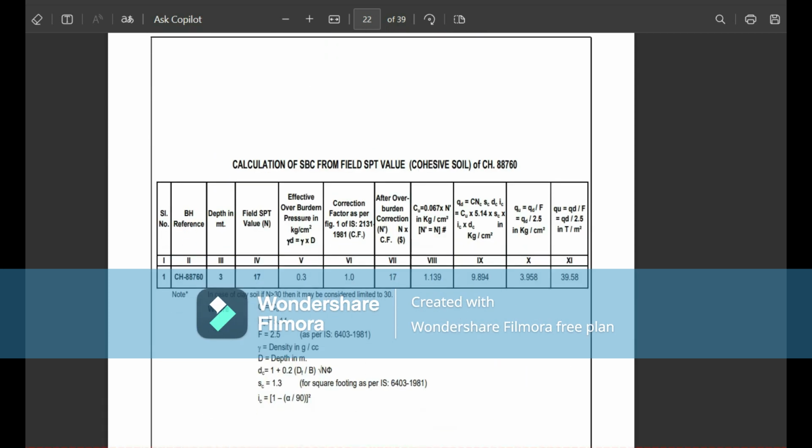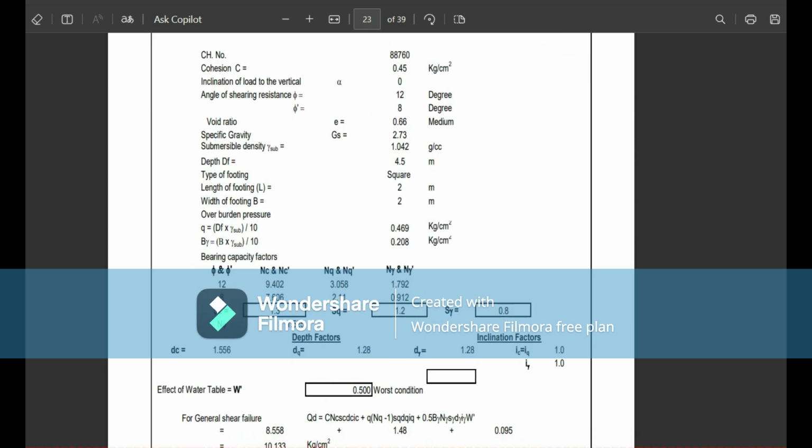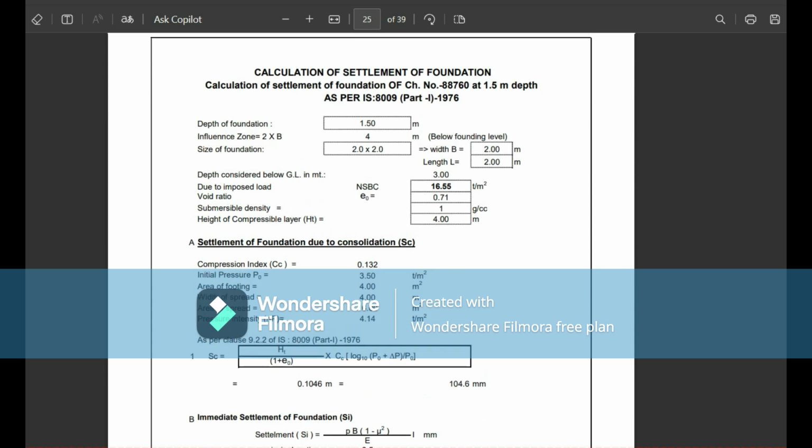And we will see how they measure the consolidation. Also after the depth of foundation, the influence zone is 4 meter, and the size of foundation we have taken. So impose the load within the bearing capacity.